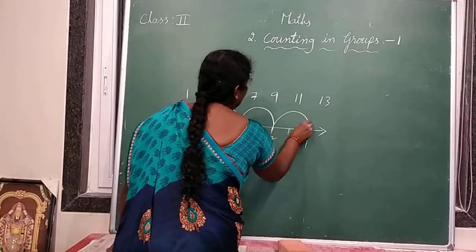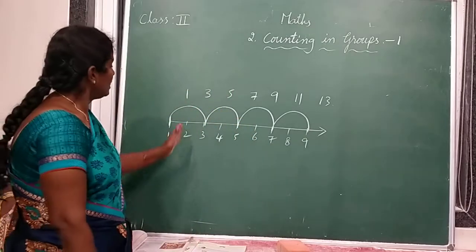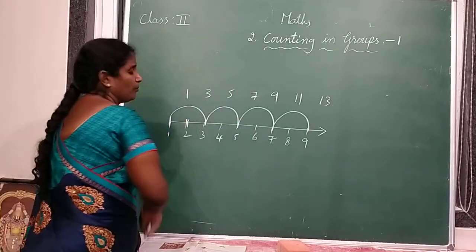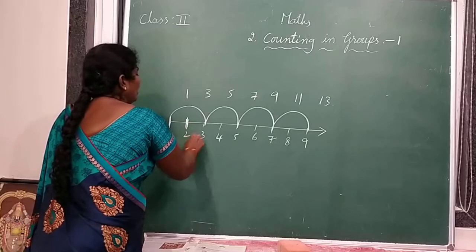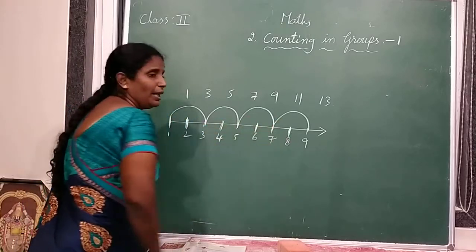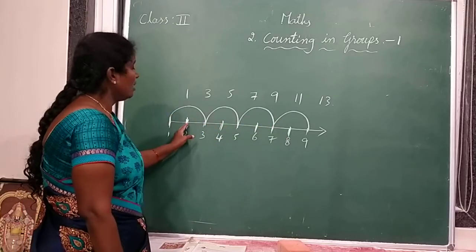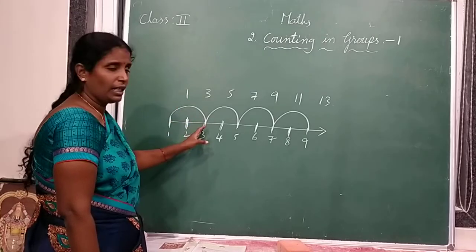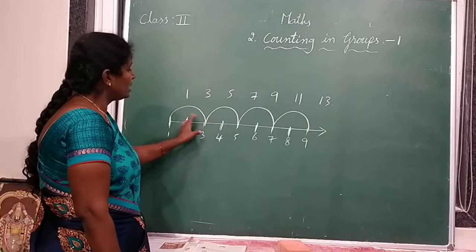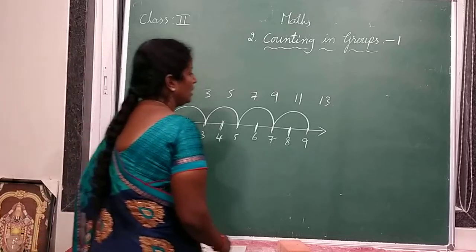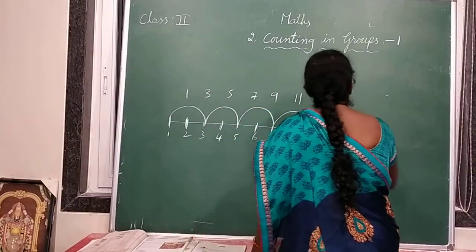Again after 2 numbers is 9. That means I am skipping one number. Understood? So I am not taking the second number. So I am skipping this one. So it is nothing but skip counting.